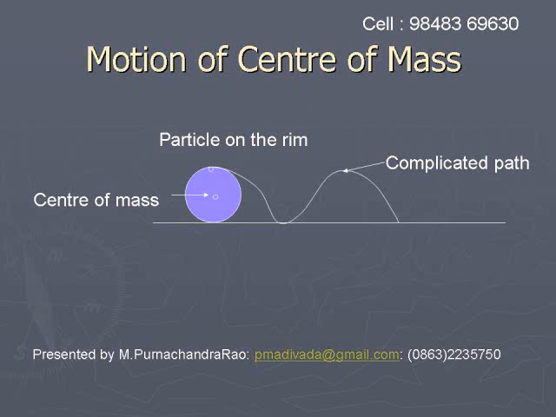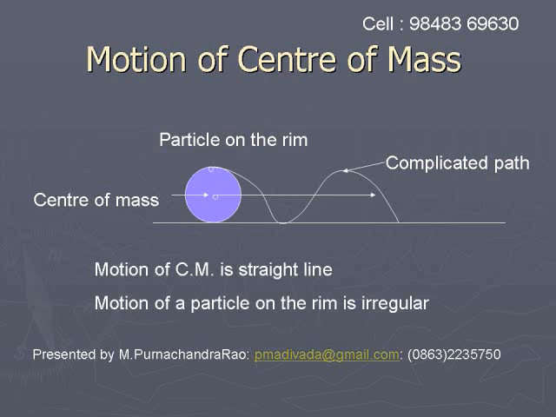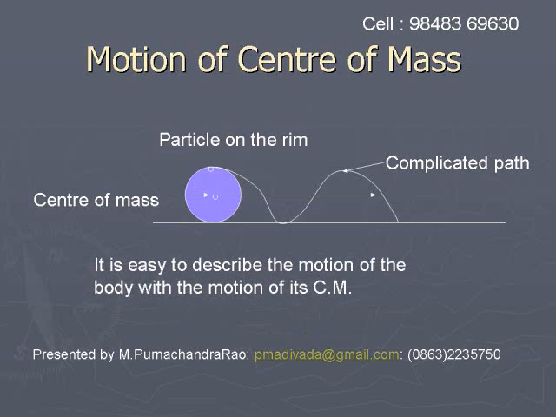If you consider the center of that disc, that center of the disc travels in a straight line. This is the geometric center of the disc, hence it is the center of mass of the disc. The center of mass of the disc moves in a straight line. Hence, it is easy to describe the motion of this entire body if we consider the entire mass concentrated at this point, that is the center of mass.